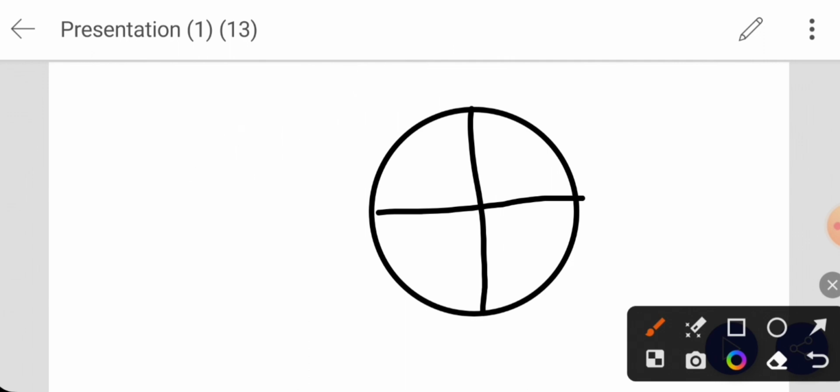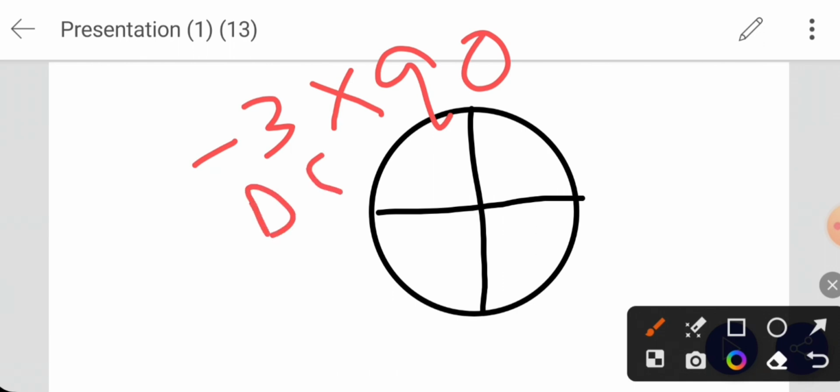In against the rule astigmatism, it is opposite to with the rule. Here the minus cylinder will be minus 3 diopter cylinder at 90 degree axis. That means your axis is in this meridian, so the power will get distributed to the other meridian. This is how you need to write it down.